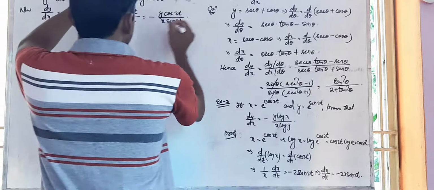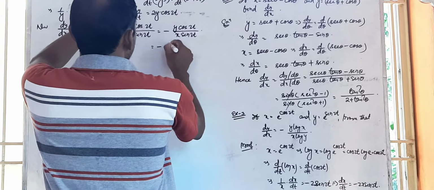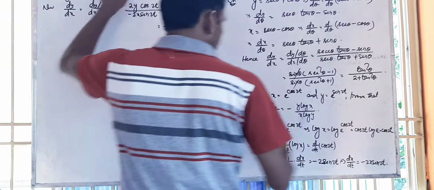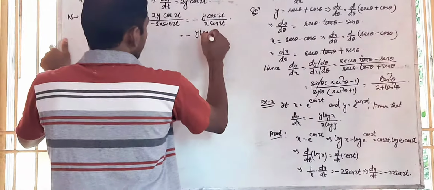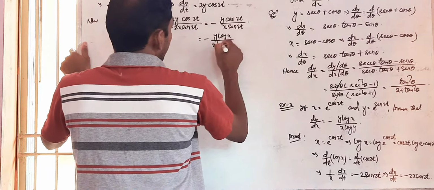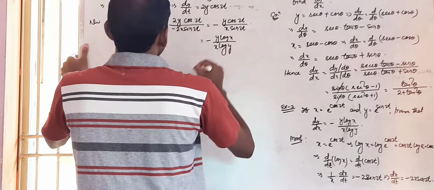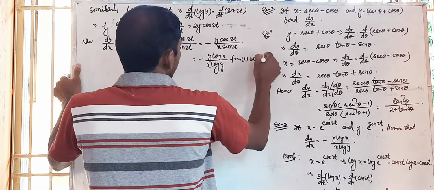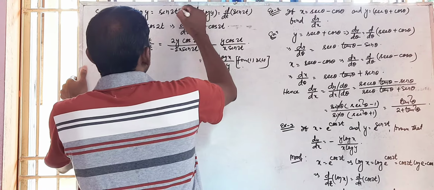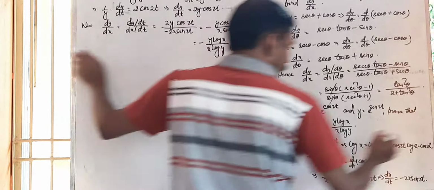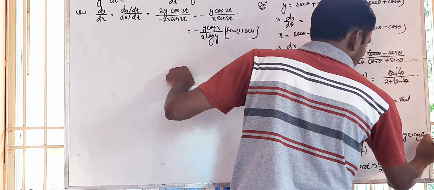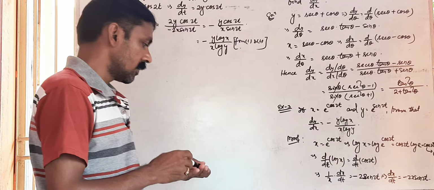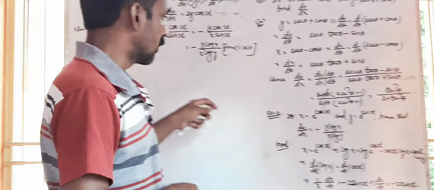So this is equal to minus y log x by x log y. Here you can write from equations 1 and 2. So this is the proof.